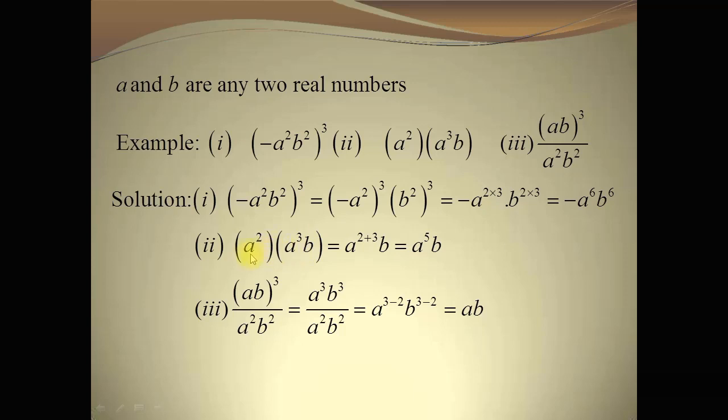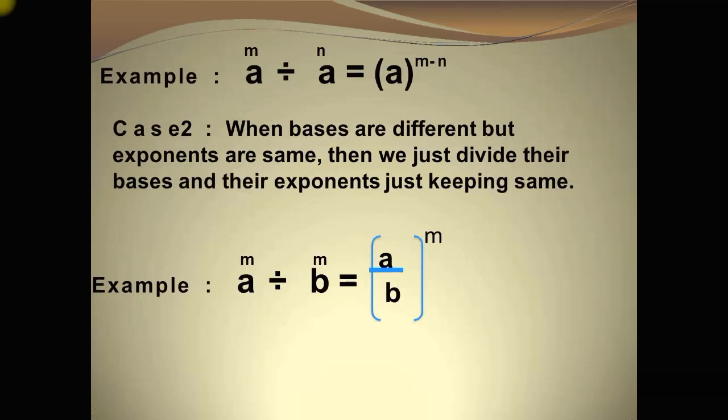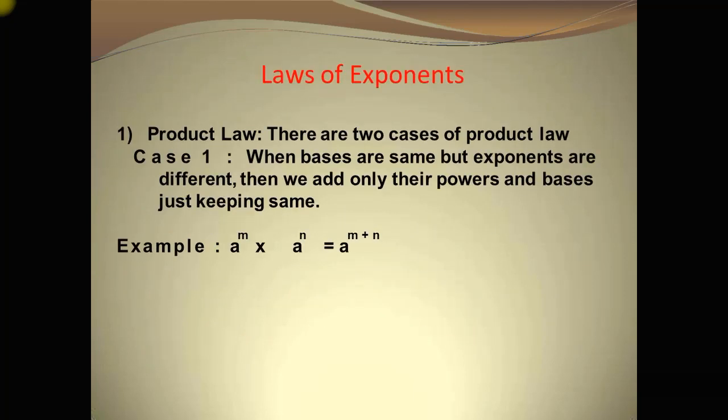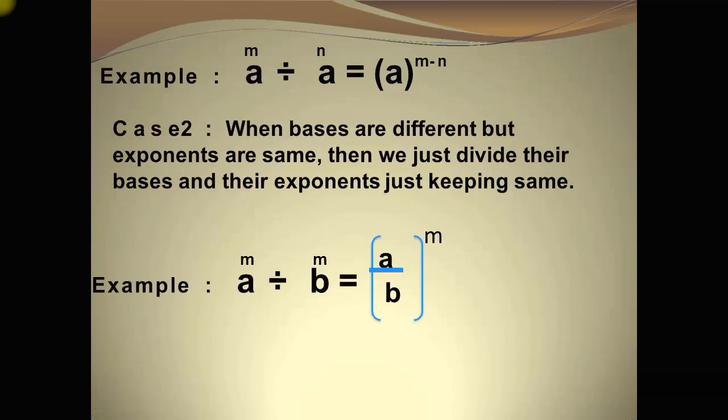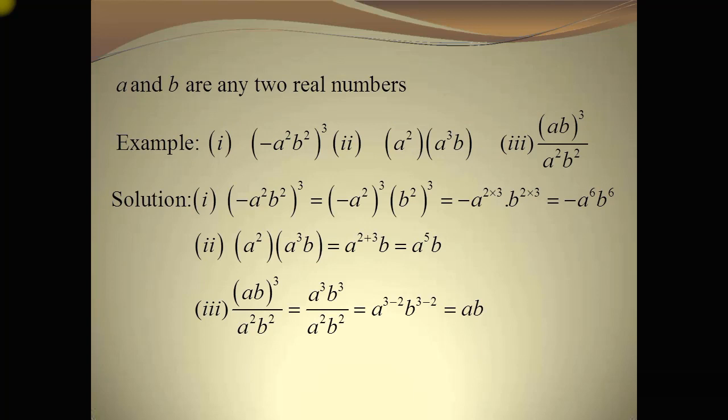Since in this example the two bases, a square and a cube, are the same and the powers are different, by the product law, when the bases are the same and the exponents are different, as I told you in the previous slide, we add the exponents, add the powers, and keep the base the same. A square and a cube: the base stays the same and we add the powers.